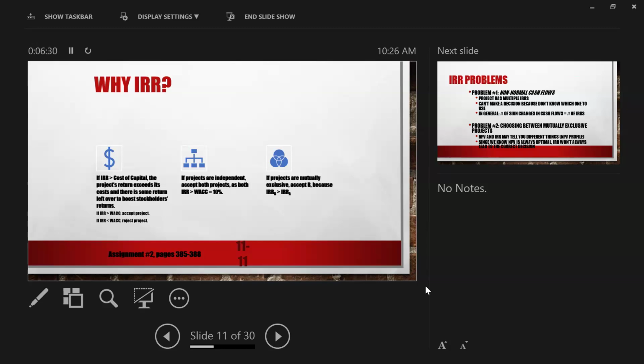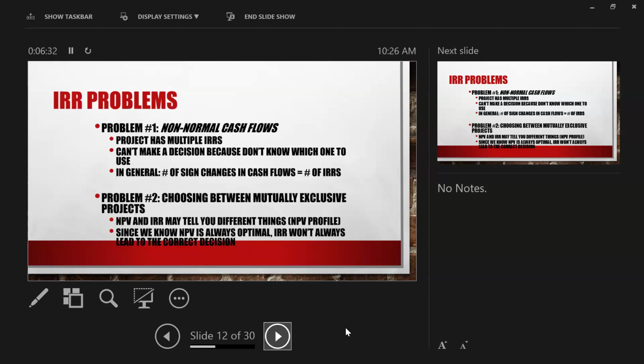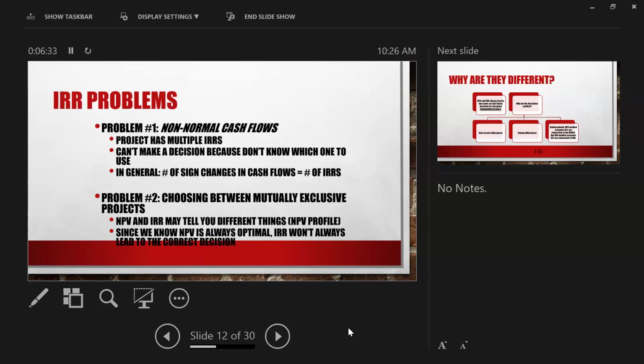So here are the issues. There are problems with IRR. Problem number 1 is non-normal cash flows. The problems we've worked so far, we've only worked 3, but they've all been the same: you have an initial cost of the project, and then every other cash flow is positive. Let's say, for the sake of argument, with this car company, we only went out 3 years.